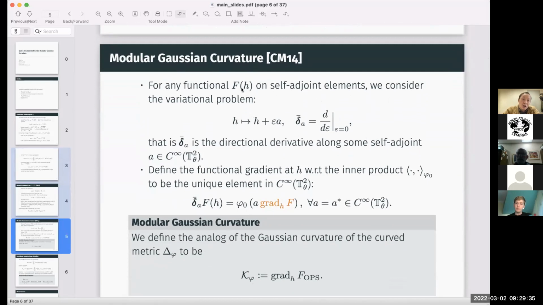The domain of our functional is all the self-adjoint elements in our algebra, the smooth functions on the noncommutative torus. Then we introduce a small perturbation along an arbitrary self-adjoint direction, and we consider this variation by taking the derivative in the parameter epsilon.